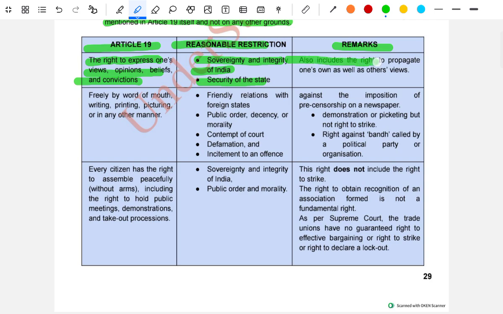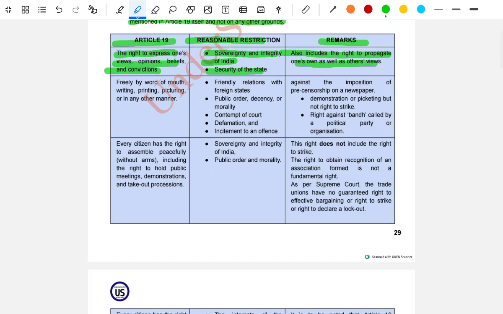It also includes the right to propagate one's own or other views freely by word of mouth, writing, printing, picturing or any other manner. Reasonable restrictions: friendly relations with foreign states, public order, decency or morality, contempt of court, defamation and incitement to an offence. Remark: it is against the imposition of pre-censorship on newspapers. Demonstration and picketing are allowed, but not the right to strike, and there is no right against a bandh called by a political party or organization.